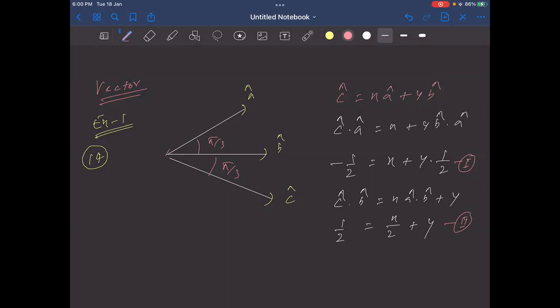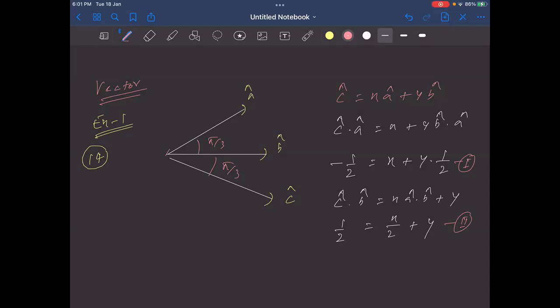What is the value of x and y in these two equations? By solving 1 and 2, what do we get? x and y. आया किसी का x और y?